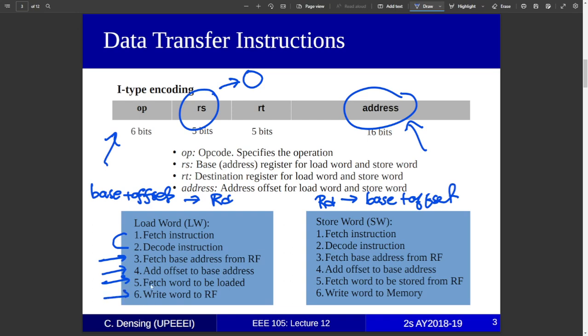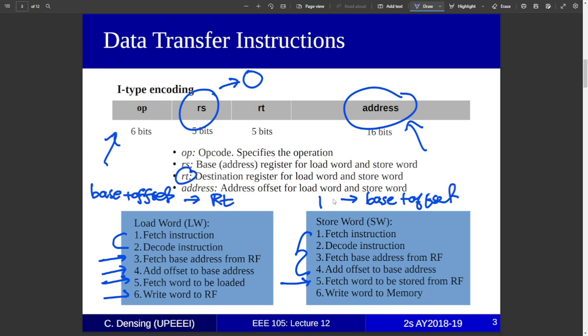That finishes load word. Now for store word, it's the same all the way up to 4. We still need to fetch the base address, and we need to add an offset to it. But in this case, we need to fetch the word to be stored from the register file. Actually, RT.